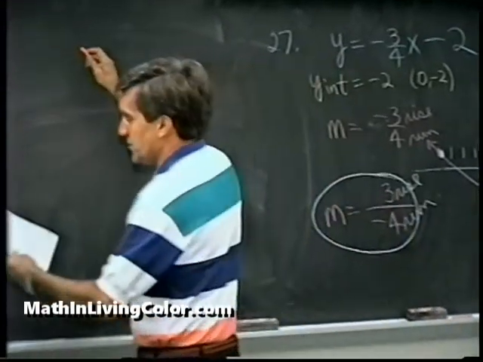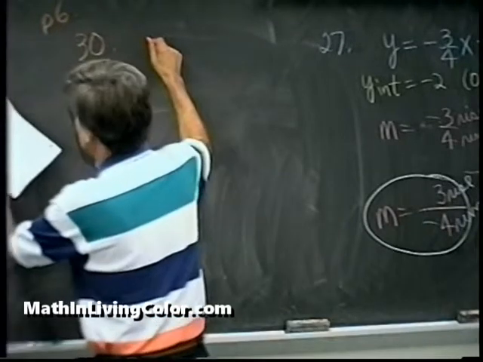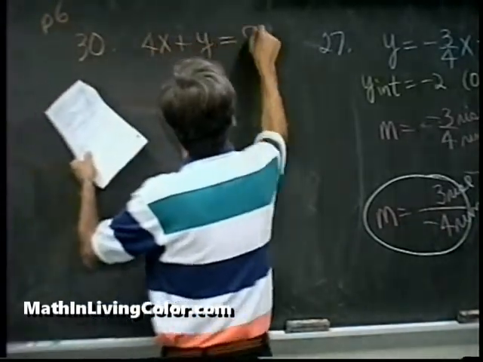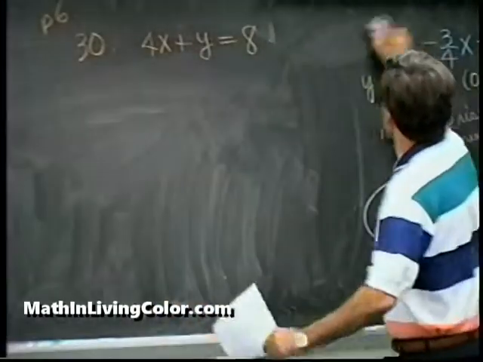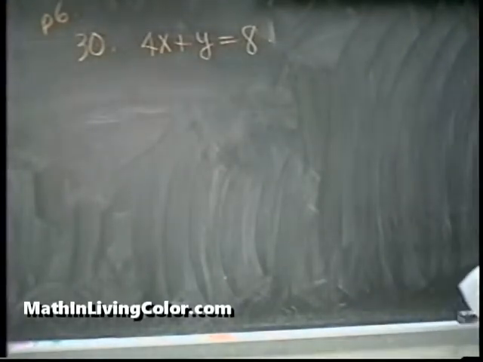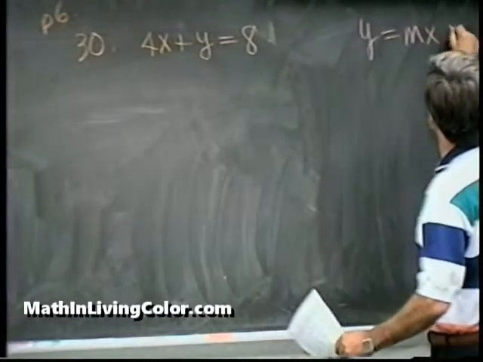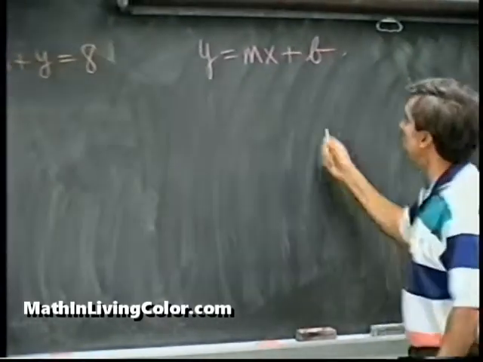Well, what if somebody gives you a problem like number 30, this would be on page 6, that says 4x plus y equals 8. Now, what did we learn a few minutes ago in the first part of this tape? If you ever have an equation in the form y equals mx plus b, what is the y-intercept?